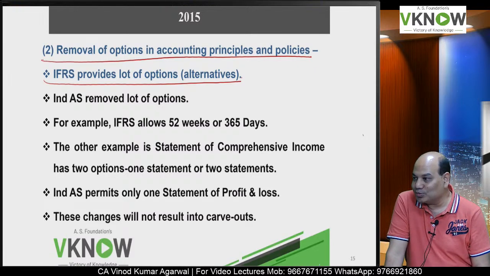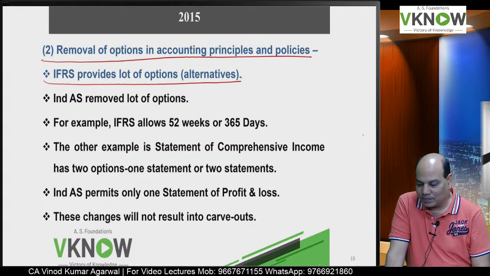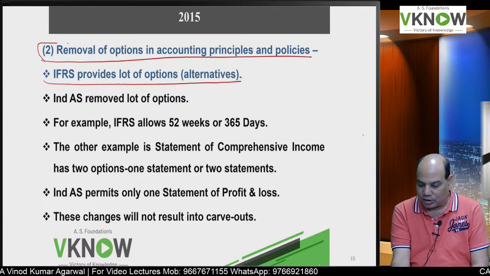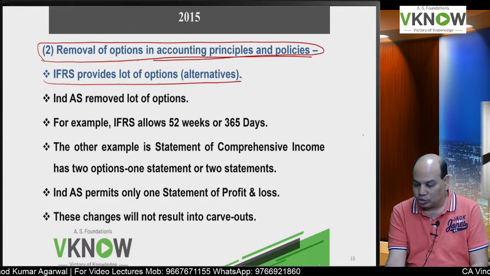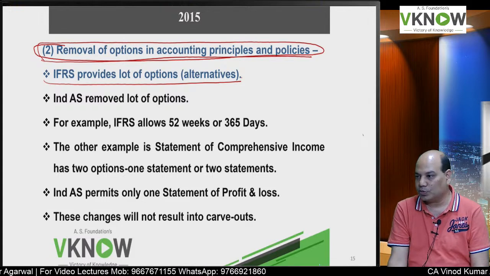Next point number 2 is removal of options in accounting principles and policies. Now in IFRS there are some places where you have more than one option to choose from.